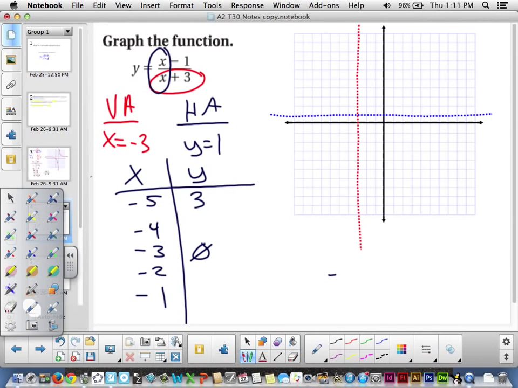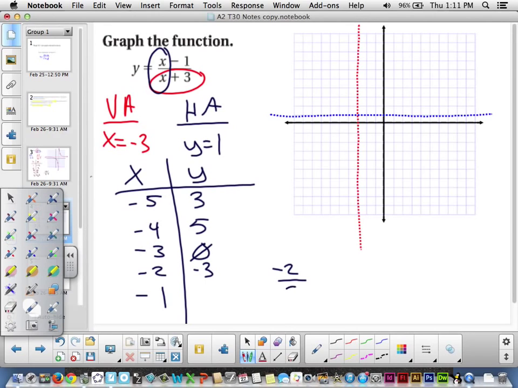Try -4. -4 minus 1 is -5. -4 plus 3 is -1. That becomes 5. Try -2. -2 minus 1 is -3. Over 1, we got -3. And if we try when x is -1, -1 minus 1 is -2.